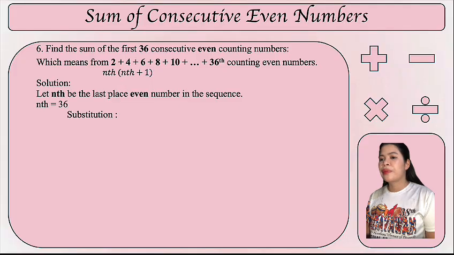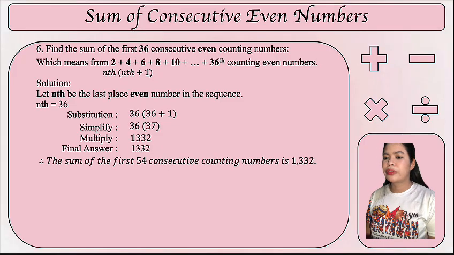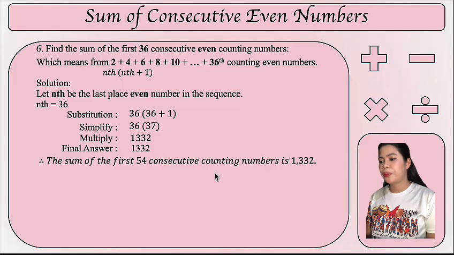So we are getting 36 multiplied by 36 plus 1. We are going to simplify by adding 36 plus 1, which gives 37. Now we get 36 multiplied by 37. Now we are going to multiply these two numbers so that we can get 1332. So the final answer would be 1332. So therefore, the sum of the first 36 consecutive even counting numbers is 1332.